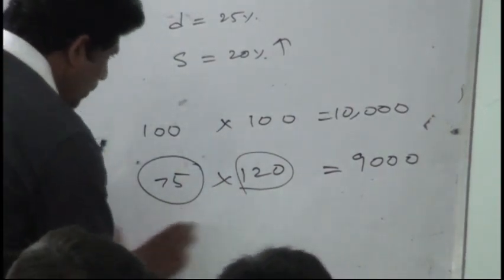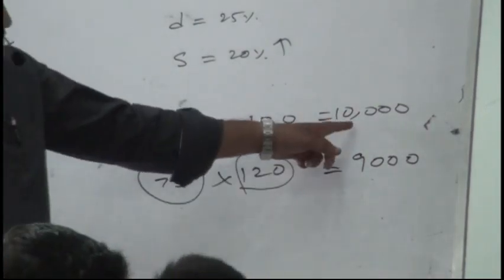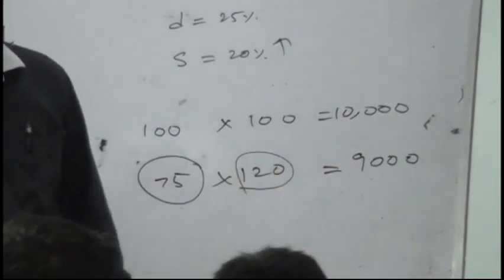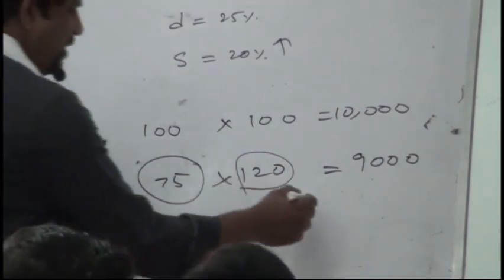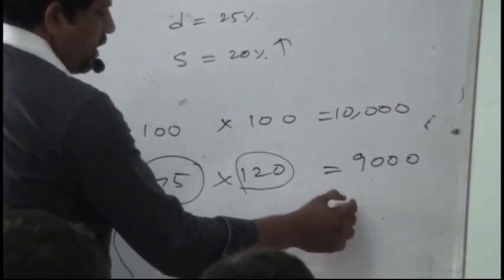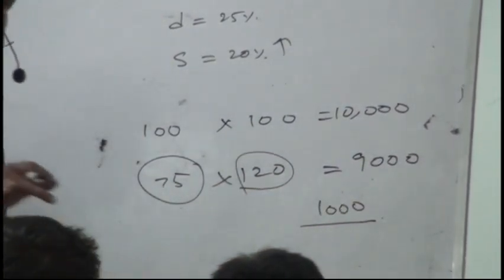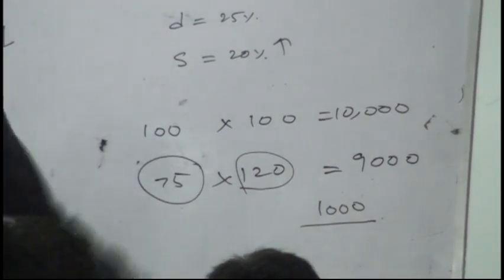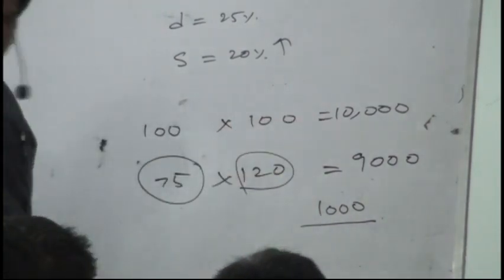Earlier he used to get 10,000. Now he is getting only 9,000. So what is his loss here? 1,000. Revenue decreased by 1,000 out of the 10,000 initial amount.